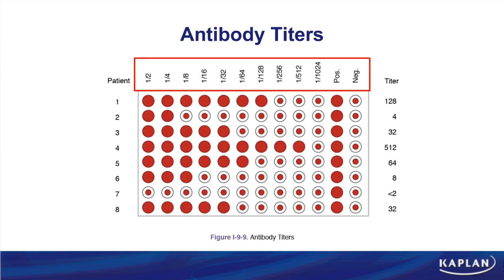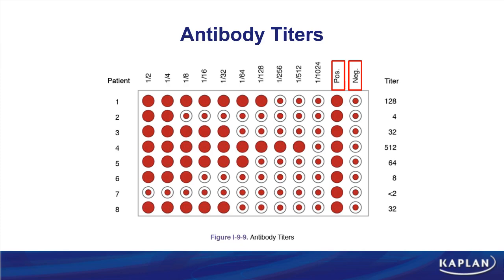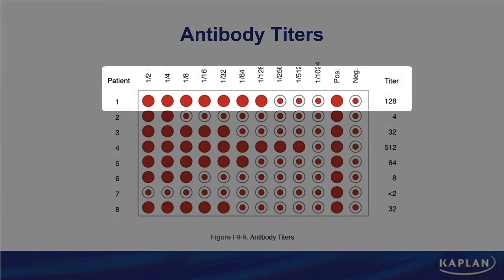Please note that you always need a positive as well as a negative sample to compare the patient's serum to. So if we look here at, let's say, patient 1, patient 1 is said to have an antibody titer of 128, and that is because you were still able to get a positive result after a serial dilution of 1/128.